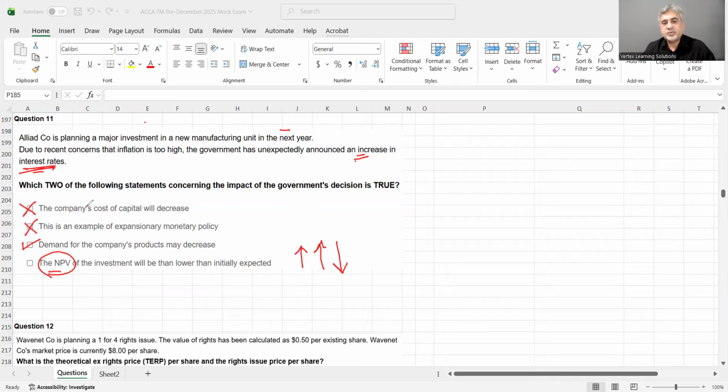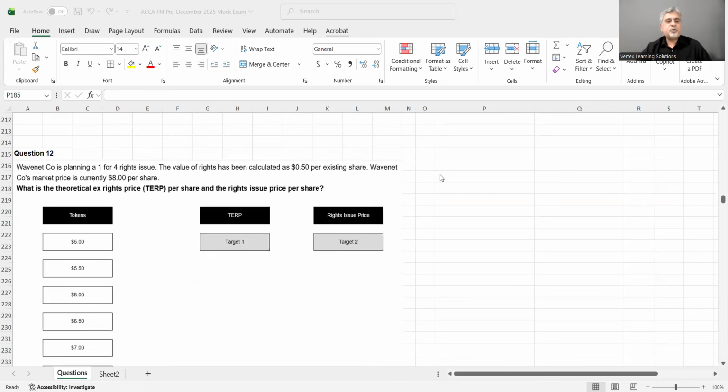We said that the first one, which says the WACC will decrease, is wrong. Actually, WACC will go up, and when WACC goes up, NPV goes down. So statement 3 and statement 4 are correct. I wish you guys would get this type of question in the exam. These are not really very hard. Okay.